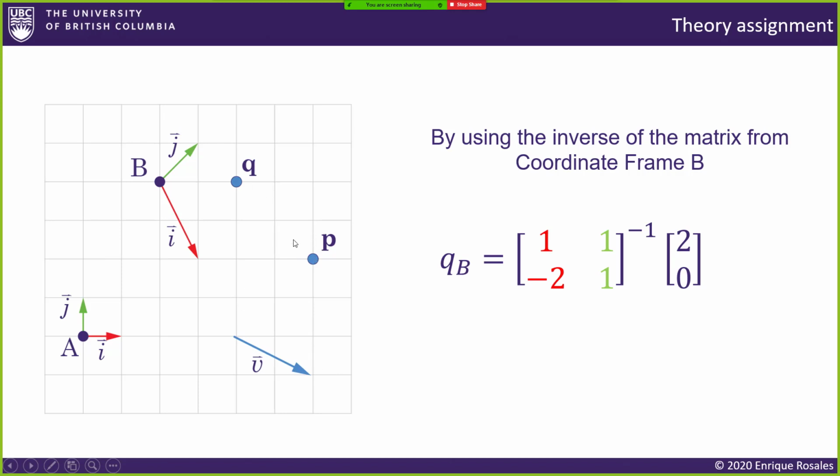I just wanted to give you a little bit more hints on how to solve this in your assignment. In the case, for example, of wanting the coordinates of the point Q with respect to B, we know that we need to construct a matrix that has the basis vectors as columns, take the inverse, and multiply by the coordinates of Q with respect to the coordinate frame A. Remember, when you're dealing with this type of thing, you always need to think as if the coordinate frames are on the same origin.